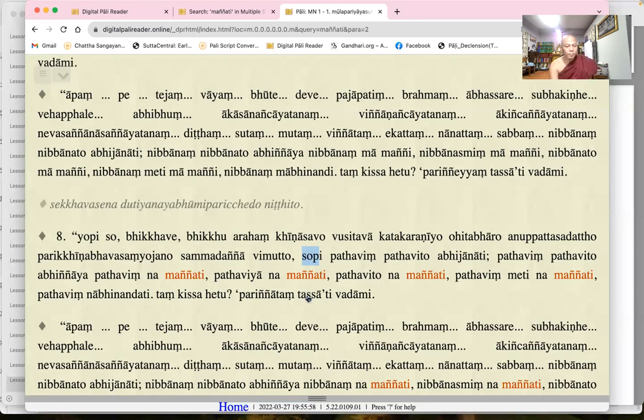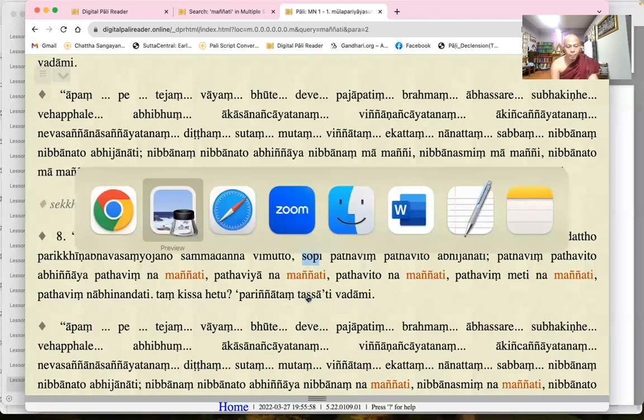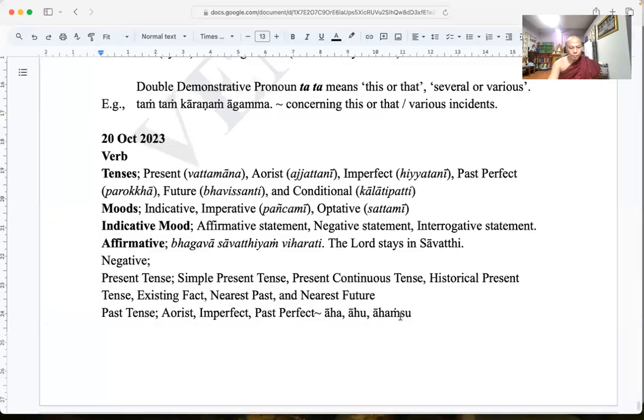Maybe this line. So not a complete sentence. So in this way, just to understand the original sense, pathaviṃ na maññati.